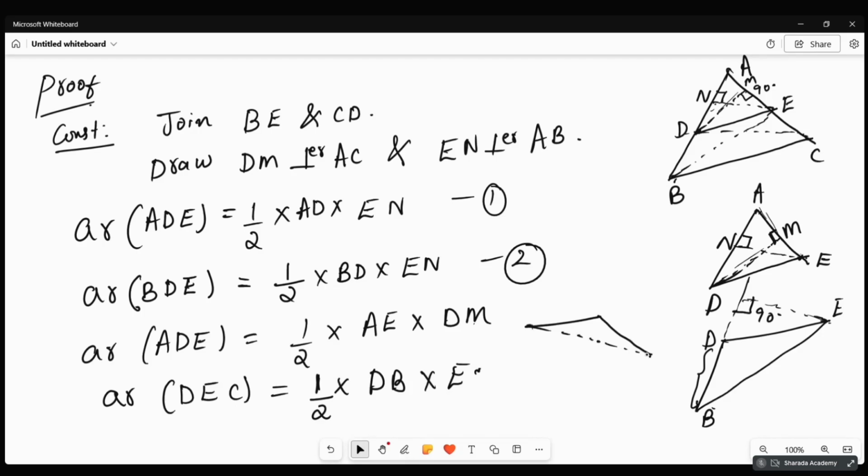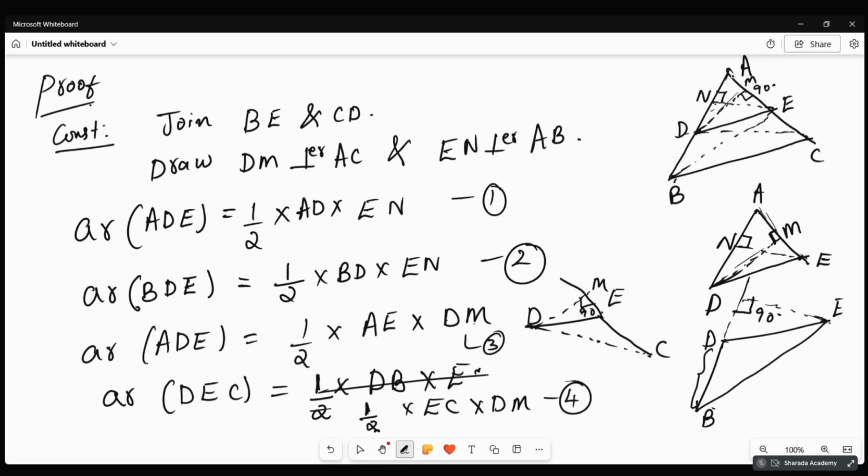No, it is not DB here. EC is the base. Then DM is the altitude. See, DEC, EC is the base. So from D, what is altitude? I have to draw. This is DM, the altitude. So half into EC into DM. This is equation 3. This is equation 4.